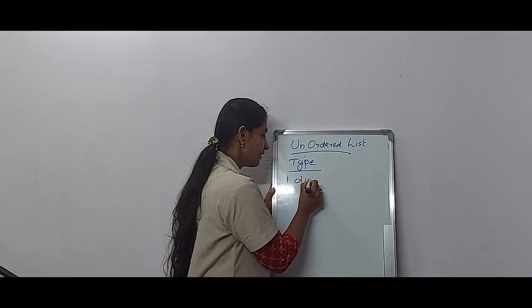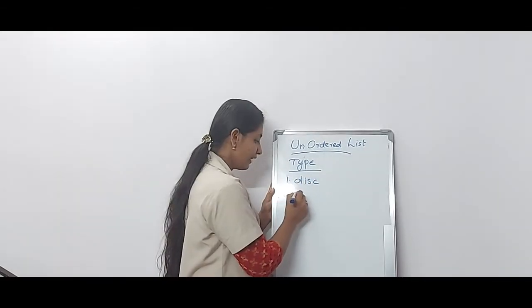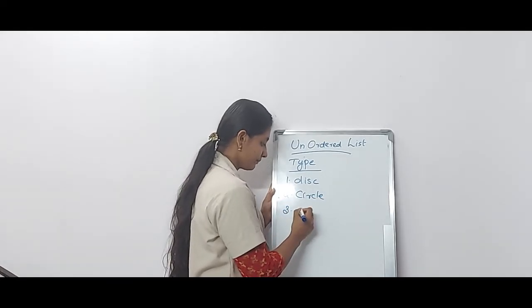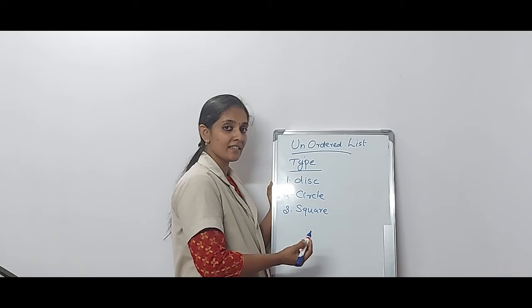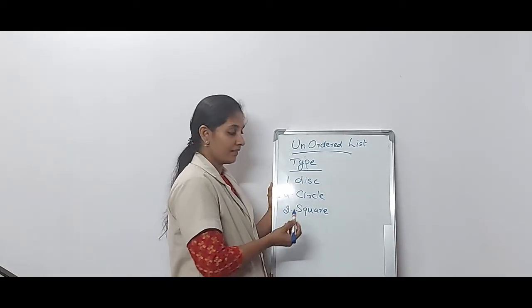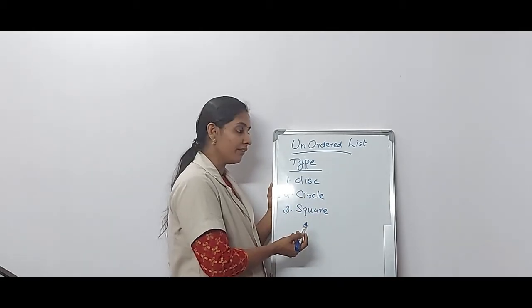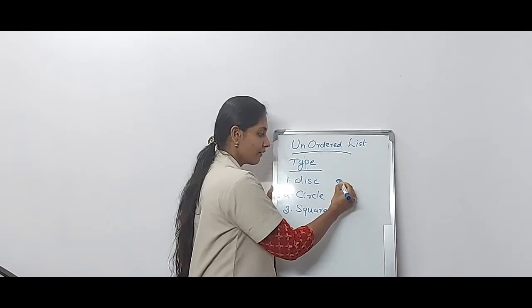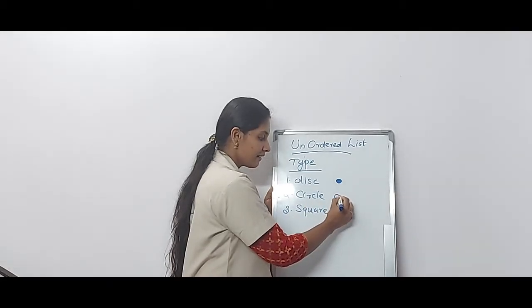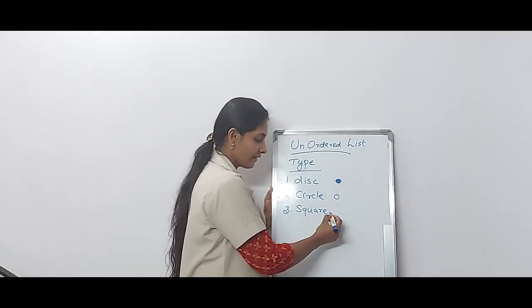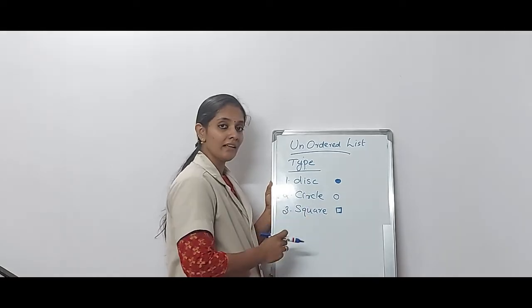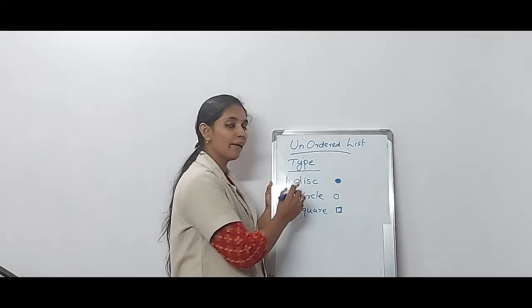First one is disk, second one is circle, third one square. These are the three values that we can give for this type attribute. The value disk will come like this, and circle like this, and square can be represented like this. So these are the three values of type attribute.